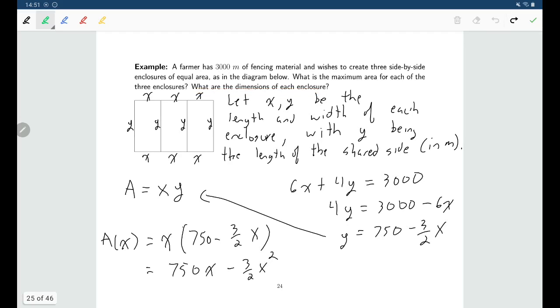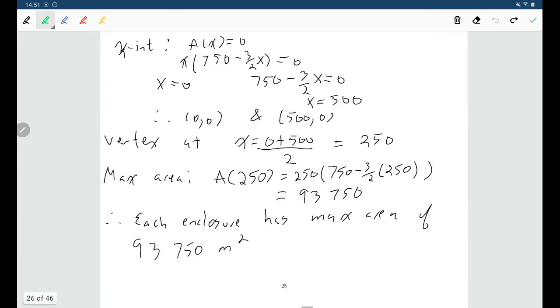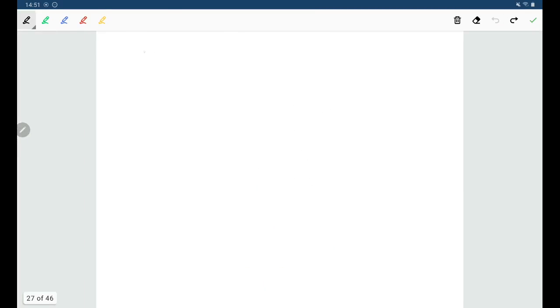And we already know the x-coordinate for the dimensions. And so to use the relationship that we had between x and y, we can use that to find the y-coordinate for the dimensions of our enclosures. So now we'll do that. We know that y is equal to 750 minus 3/2 x, and x is supposed to be 250, and so you can find that y is 375.